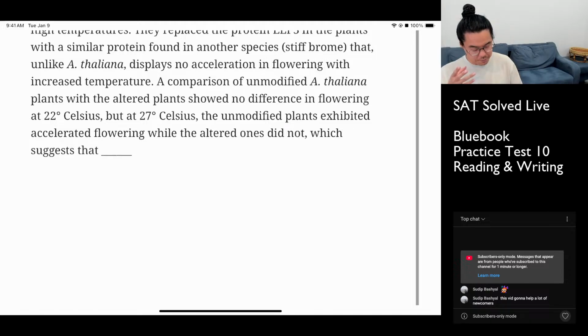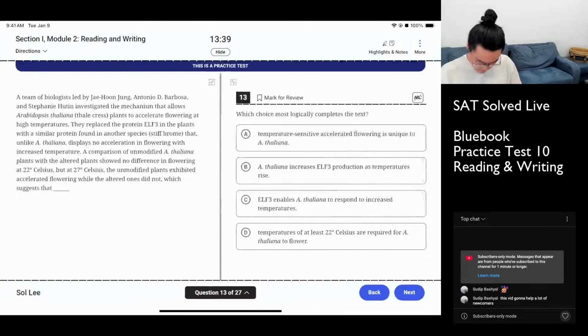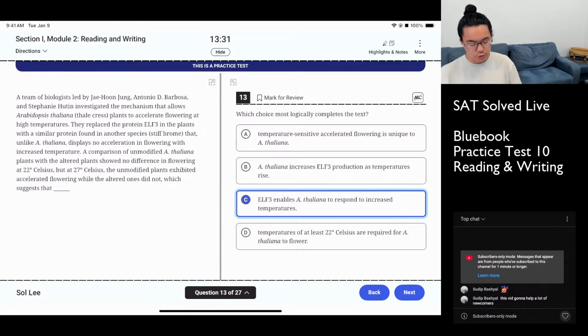Okay, so that means the ELF3 is the important thing, right? When you get rid of the ELF3, then they don't flower fast at 27 degrees. So ELF3 is important. ELF3 is enabling the A. thaliana to respond to 27 degrees to accelerate the flowering. So that has to be correct.